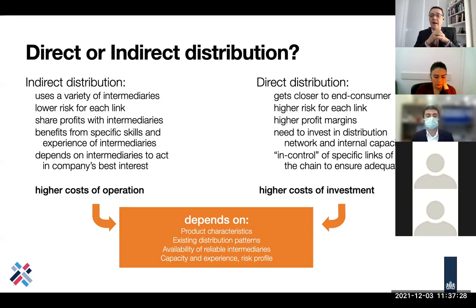Right? So the key message is the costs of the distribution channel are important, and they need to be borne in mind, because price definition relies very, very heavily on the cost of the distribution, as we just saw with the example of the wine.